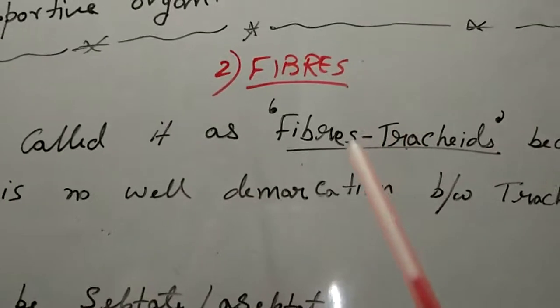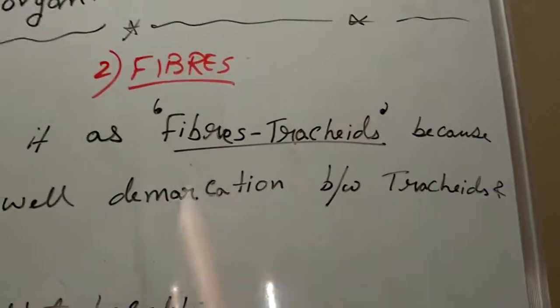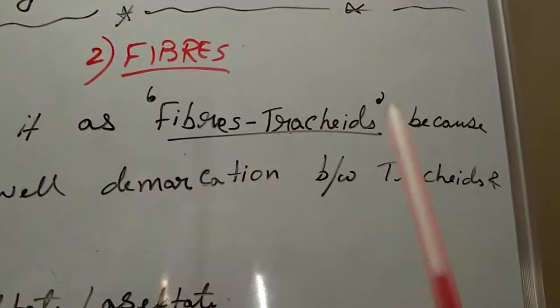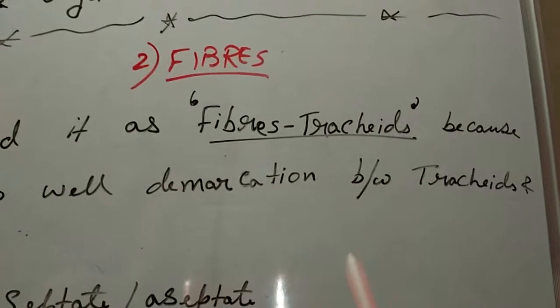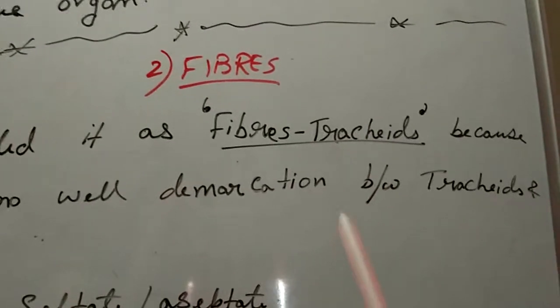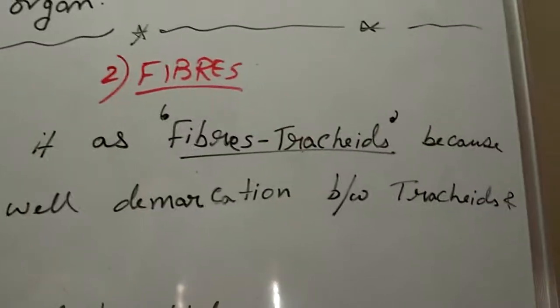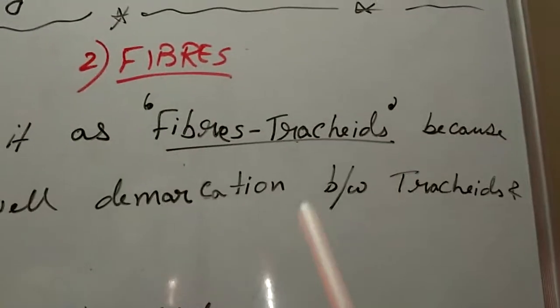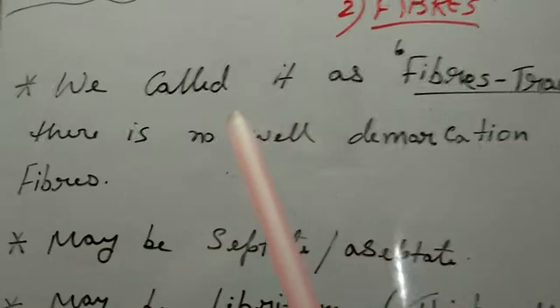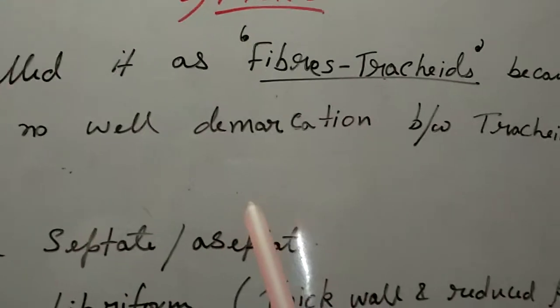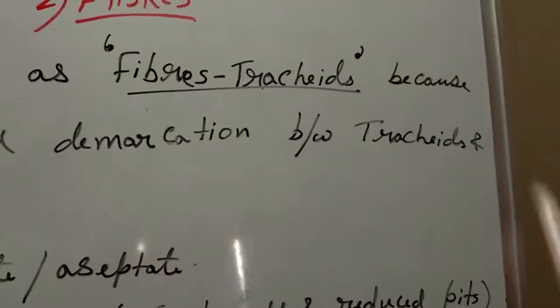Basically, fiber tracheids is the correct component to be mentioned for xylem element. I have written only fibers, but you need to write fiber tracheids because they are not distinguished very well.